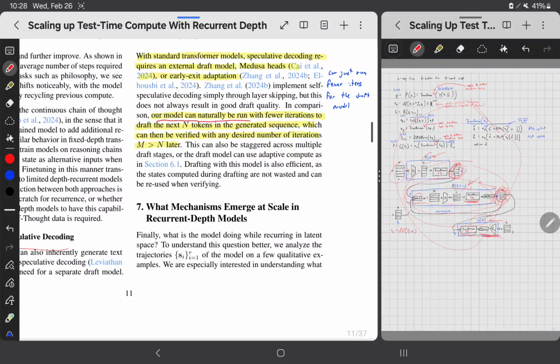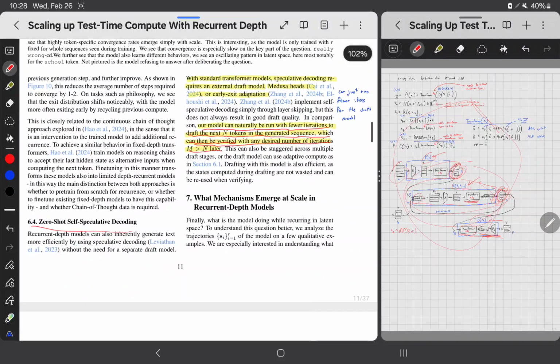They say our model can naturally be run with fewer iterations to draft the next token and tokens in the generated sequence, which can then be verified with any desired number of iterations greater than n later. So that's cool. You basically get speculative decoding for free with this by having your draft model be a low number of iterations and having your verification model be a higher number of iterations.